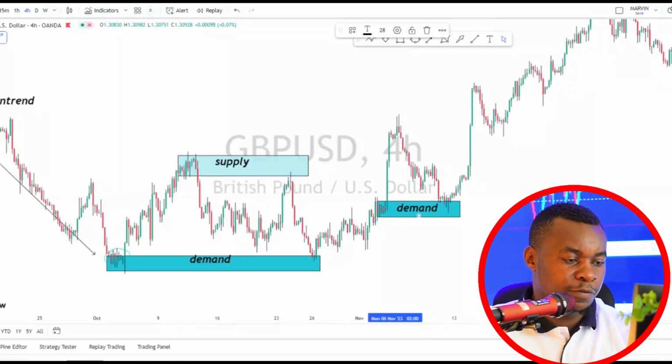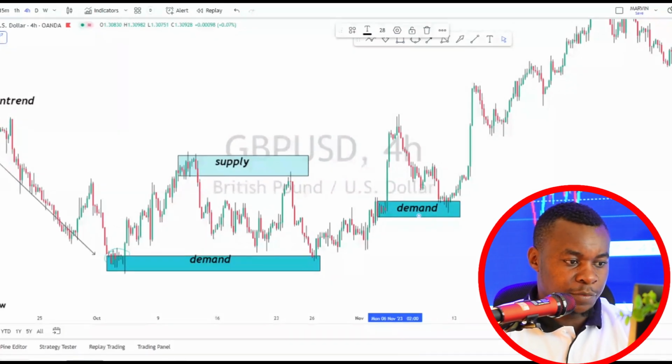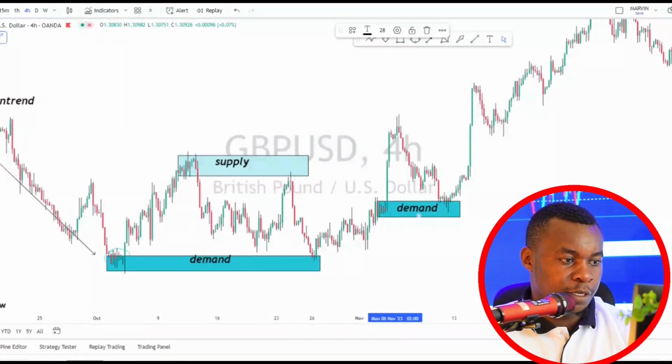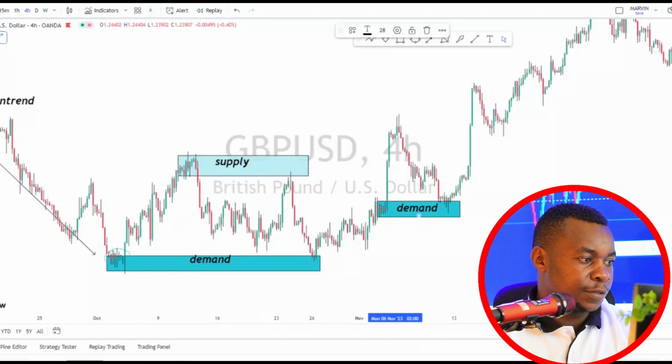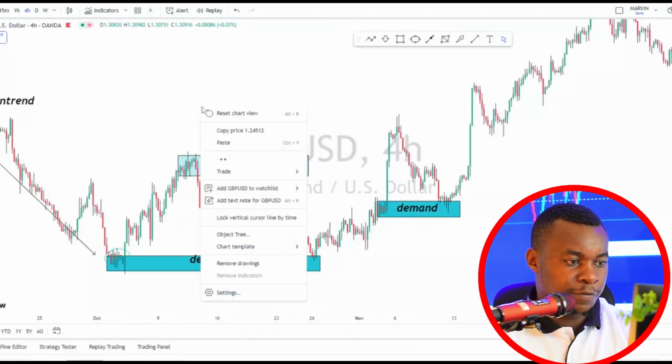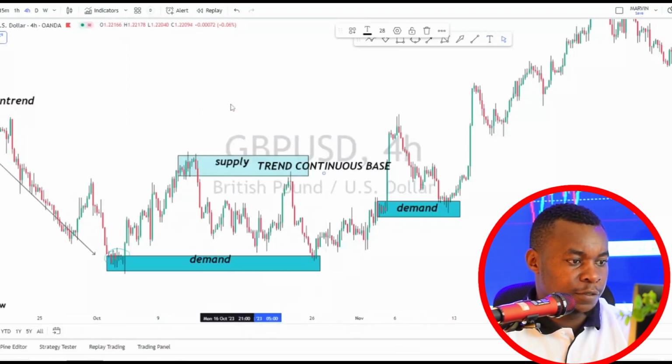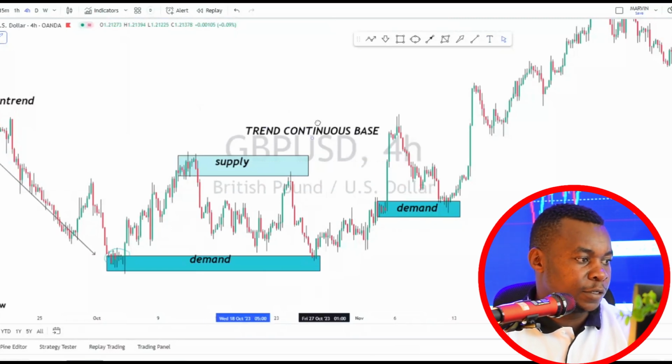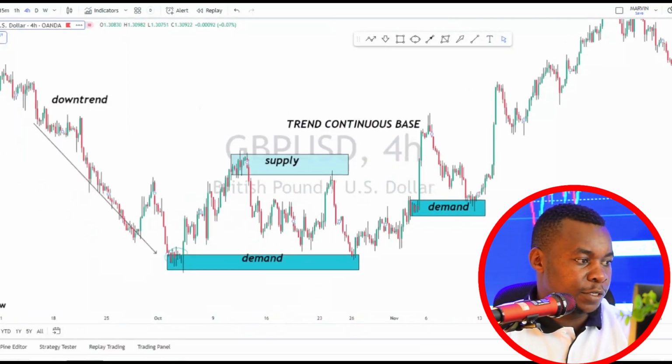So now we have two types of demand. You can see the different types of supply and demand that we have on the screen. One is a trend continuous type of demand, and the other one is a reversal base. So the first one, this part here, is a continuous base.